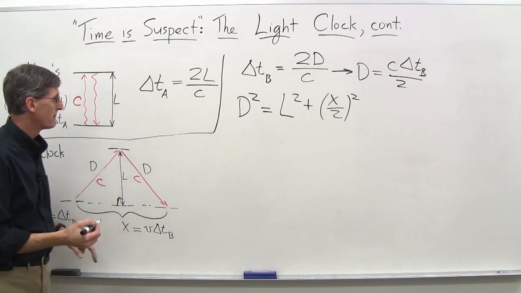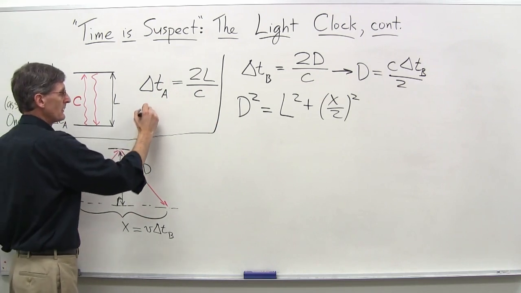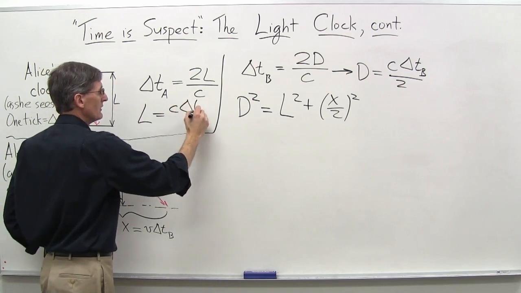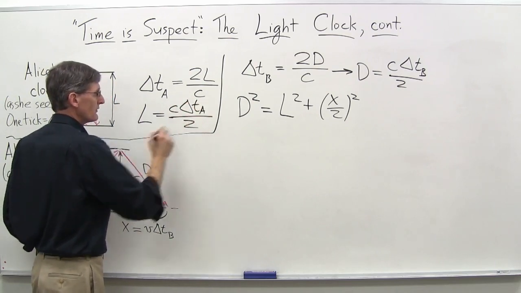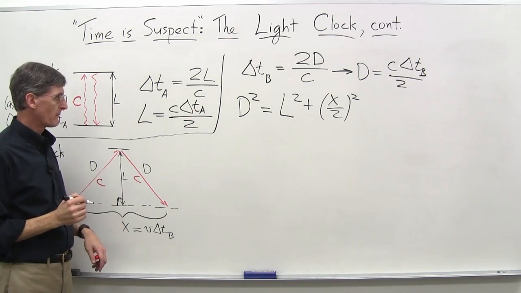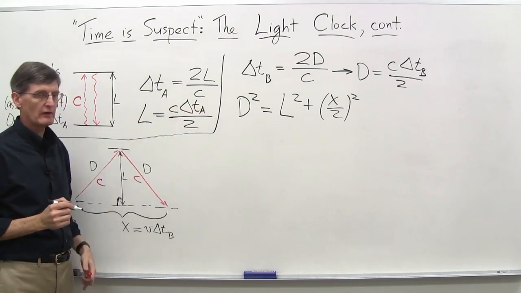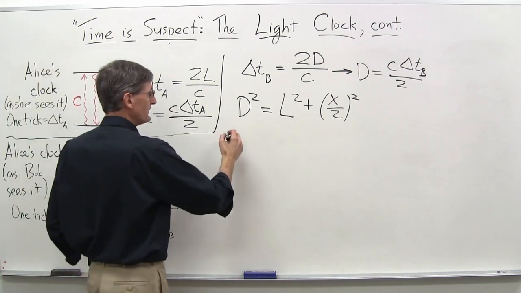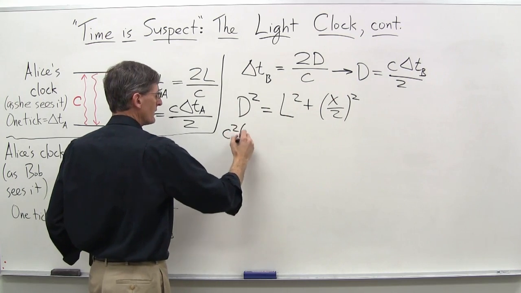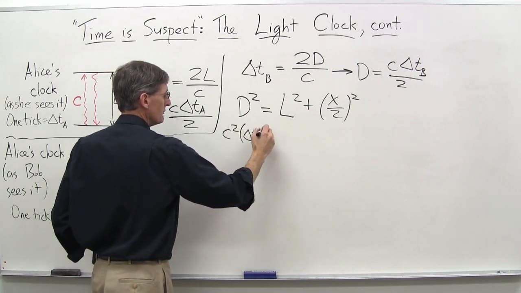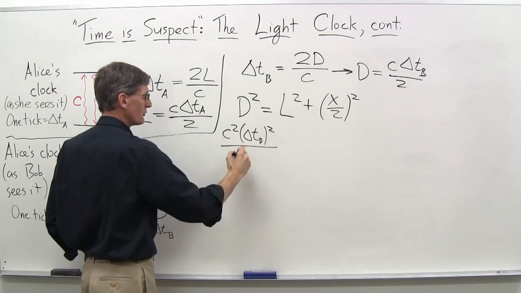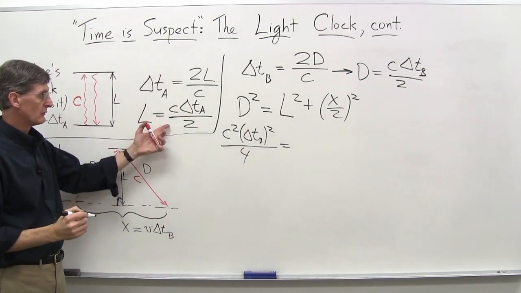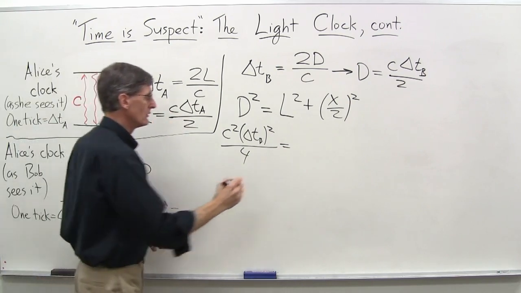This one I can rewrite, and it tells me that L equals c delta T A over 2. That's good news, because I can square that and plug it in for L squared. And then the x can be this. So let's plug all that in and see what we've got. D squared is going to be c squared times delta T B squared, all over 2 squared, which is 4, equals L squared, which is c squared delta T A squared over 4.